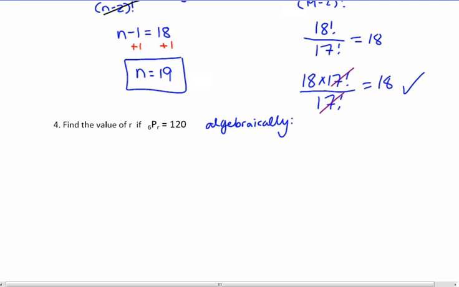Remember that on your formula sheet, n pick r objects is n factorial over n minus r factorial. Okay, so we can change 6PR. So 6PR is equivalent to n factorial. Our n is what? 6. So 6 factorial divided by 6 minus r factorial equals 120.